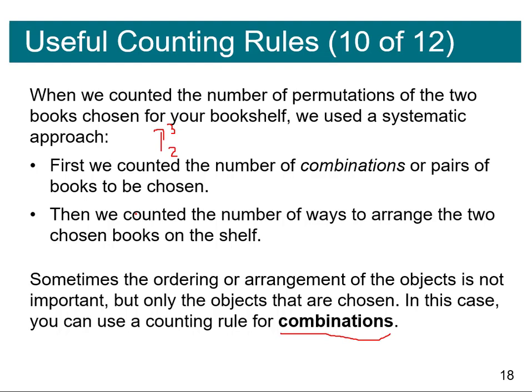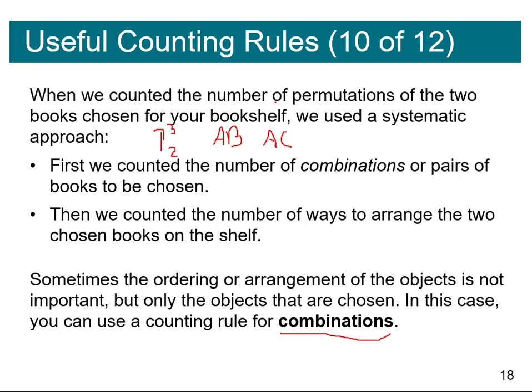So we count. We said, for example, we could choose A and B as the 2 books, or we could choose A and C for the 2 books.